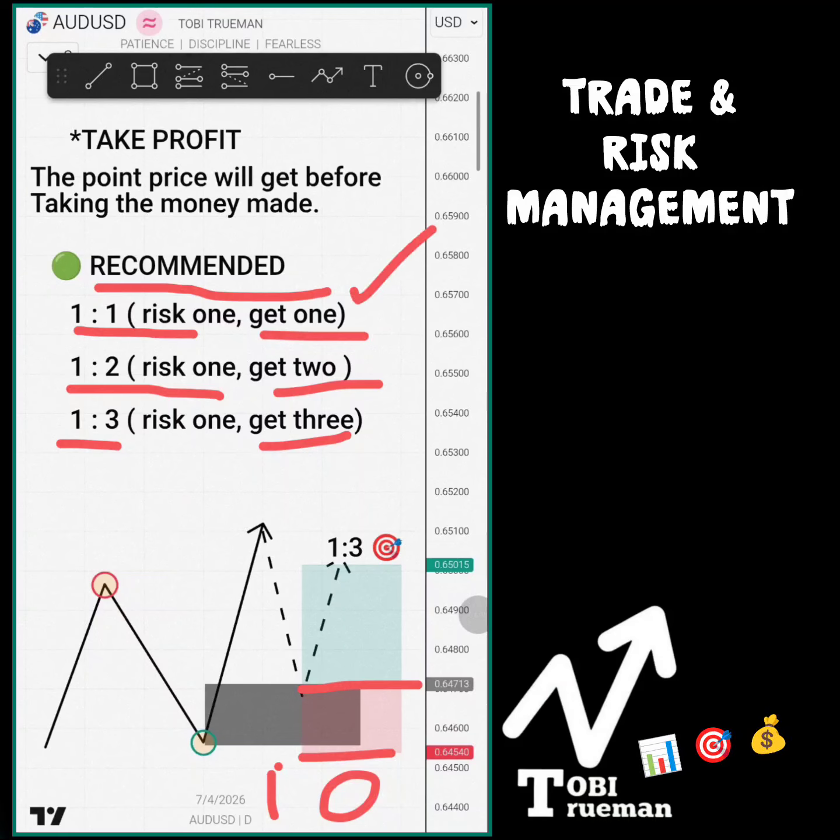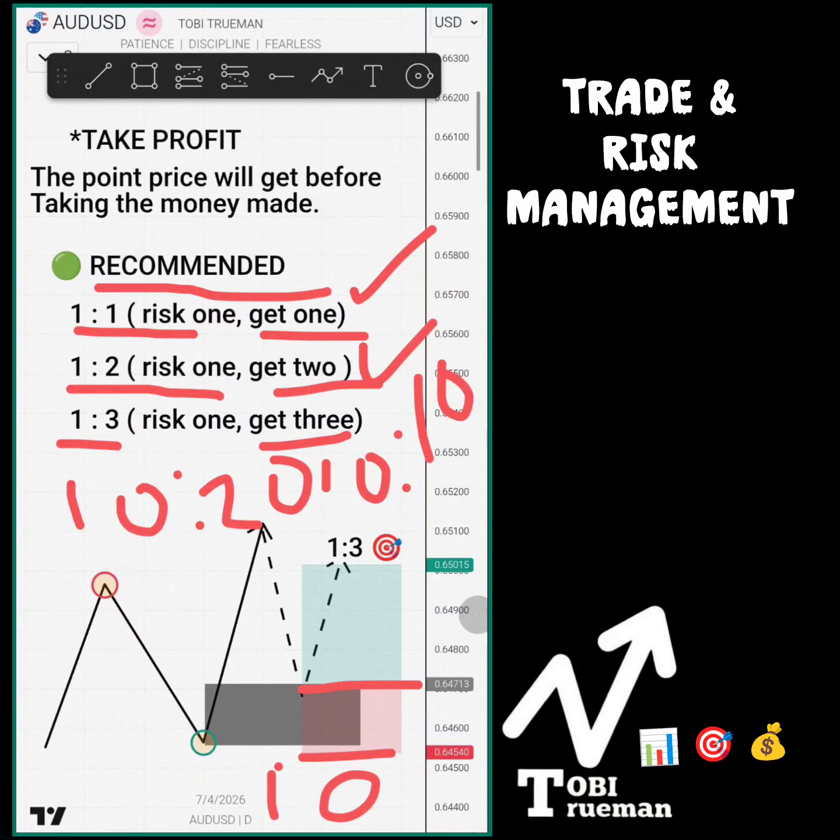Meaning that if we are risking $10 here, and I want to go with the 1:1 recommended profit target, we are going to be risking $10 to get $10. But if we want to go with number 2, we are going to be risking $10 to get $20, which is 10 times 2.